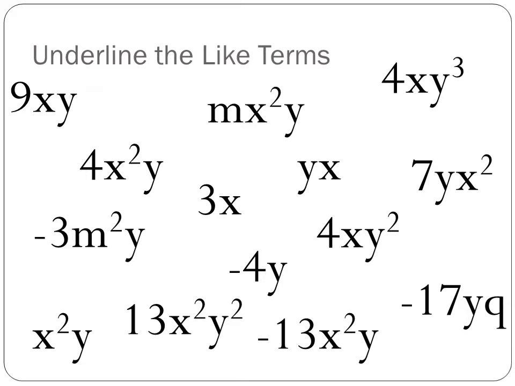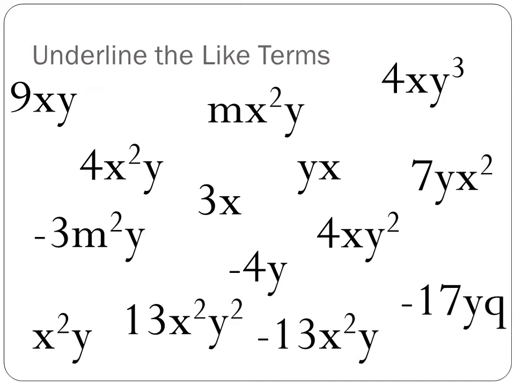Now, you don't have to underline them, but think about them. Which terms are the same? Well, 9xy is the same as, let's see, do we have another term up there? xy with the same variable? No. mx squared and y.